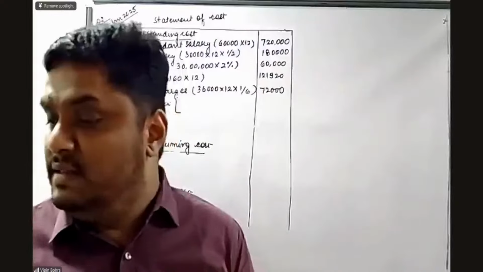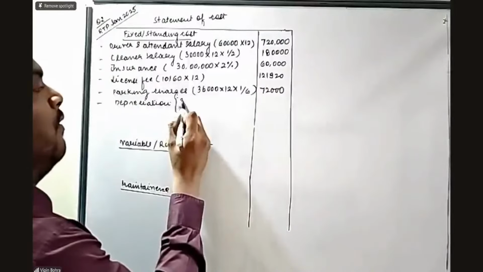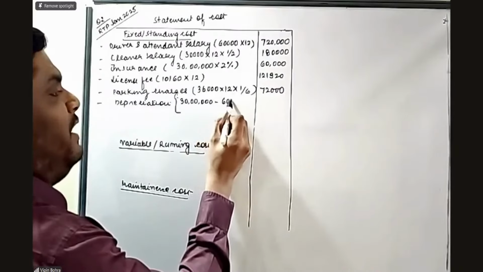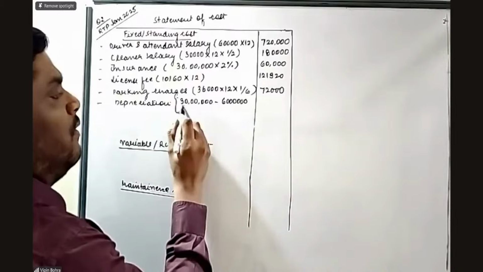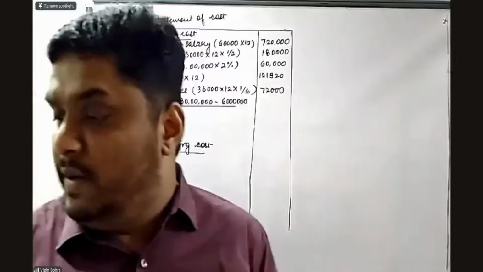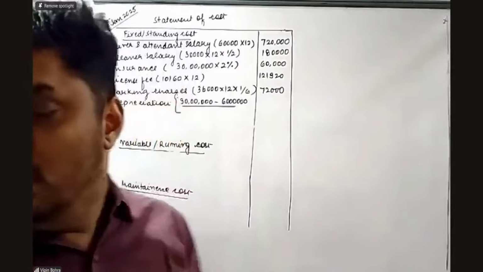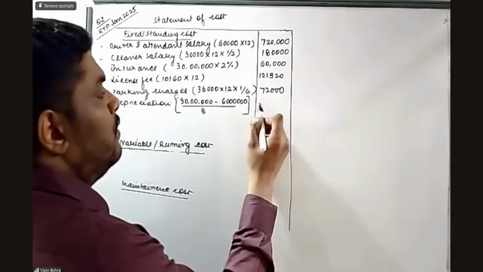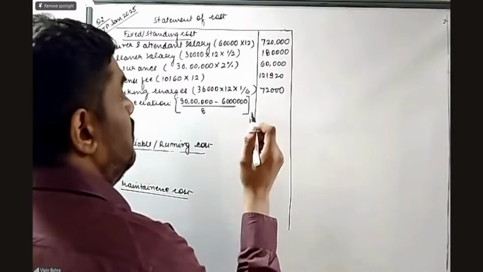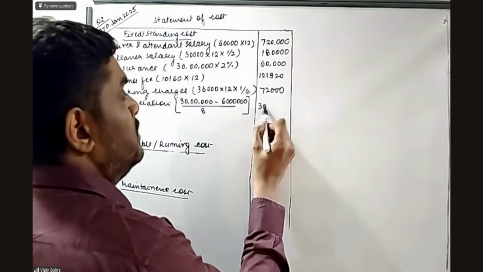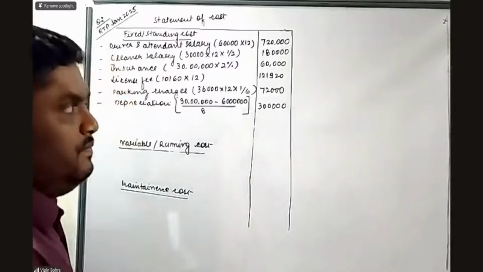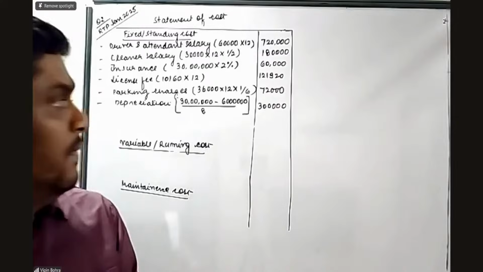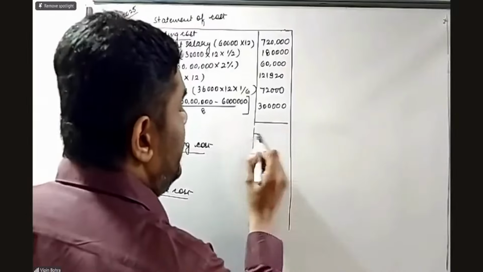The purchase price is 30 lakh rupees, minus scrap value 6 lakh, divided by useful life of 8 years. So this will be 3 lakh. So we are done with all the fixed cost. So this will be my total A.